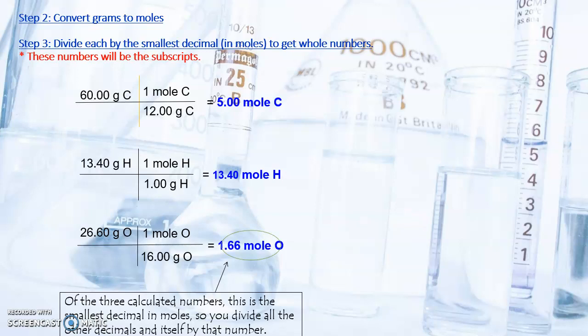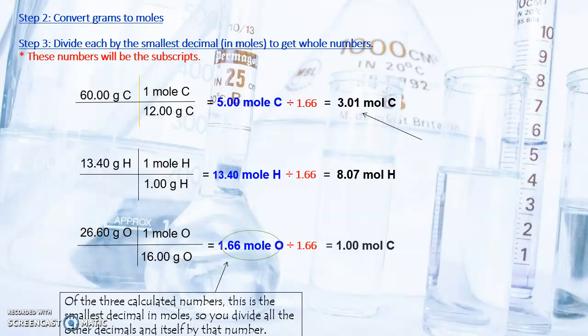That is step number 3, dividing each by the smallest value to get the whole numbers. So divide by 1.66. For carbon, the answer is 3.01 moles of carbon. For hydrogen, the answer is 8.07 moles of hydrogen. And for oxygen, obviously, you will have 1 mole of oxygen.